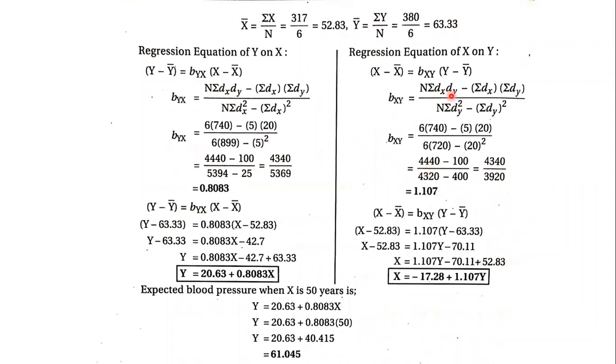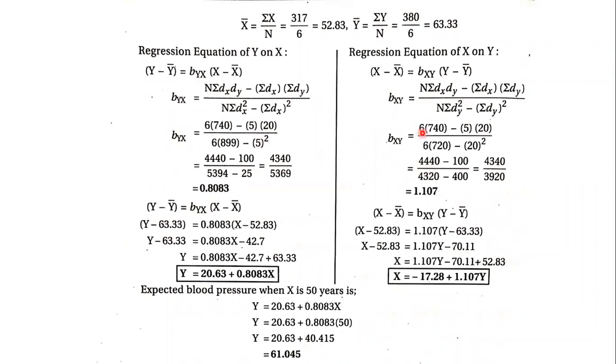Good. Now let us solve for bxy. So we finished this byx. Now bxy, again the values. I told you the numerator is the same, so the values in the numerator will also be the same.